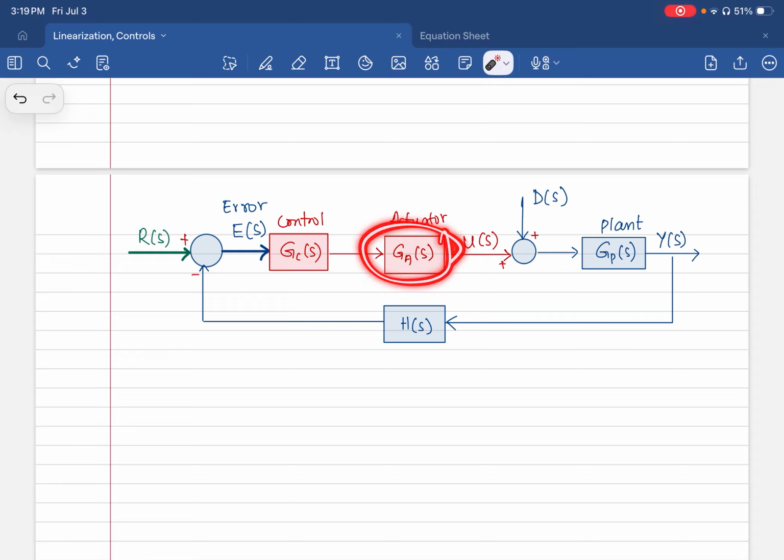The actuator is something that creates some controlled input to your system. Now, this control input, if it was a room that you're trying to heat, would be the heater. If it's the spring mass damper, then it might be a linear actuator that is creating a force that is being applied to the mass.